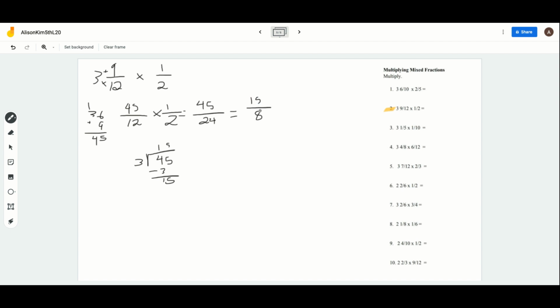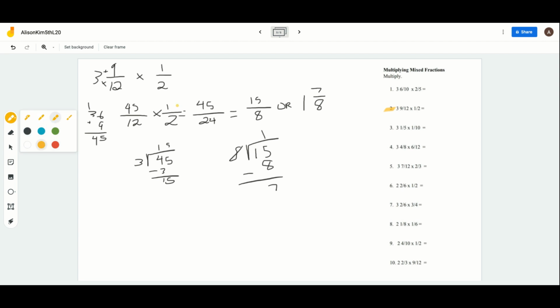And you could either leave it as this improper fraction, or you could divide to get the mixed fraction, which is going to be 8 goes into 15 once, with 7 remaining. So it's going to be 15 over 8, or 1 and 7/8.